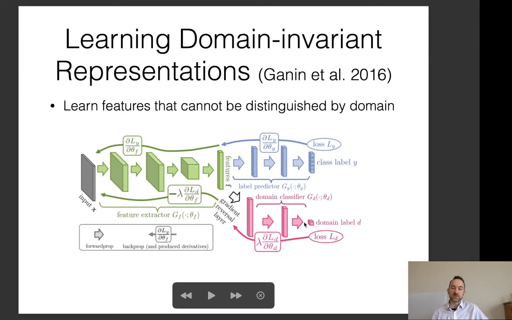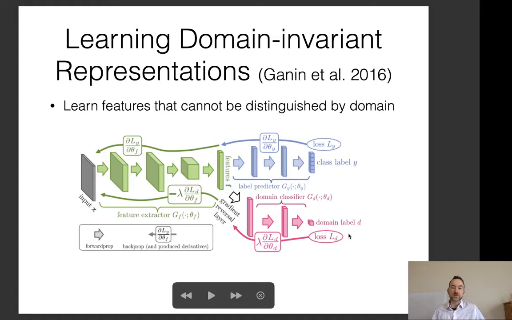So what this means essentially is we try to create features that are useful for solving the target task of text classification, for example, but we try to prevent the features from being useful for discriminating the domain.